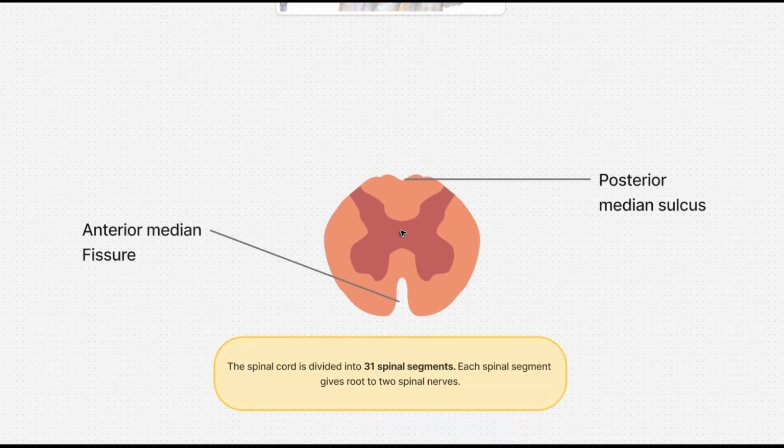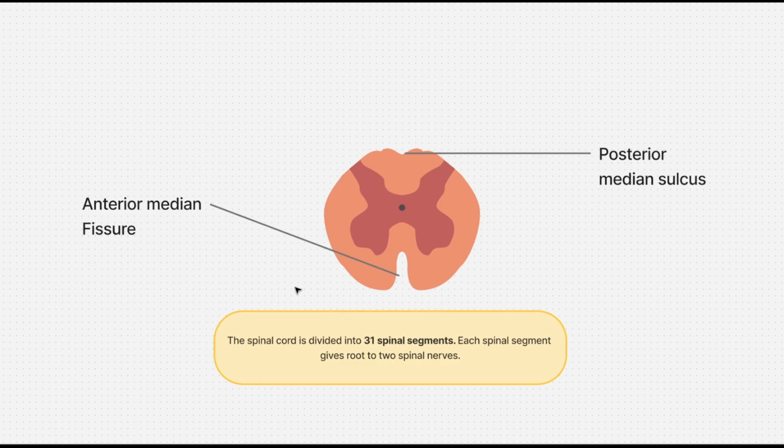So the spinal cord is divided into 31 spinal segments, and each spinal segment gives rise to two spinal nerves. So in a transverse section of a spinal segment, you would see a spinal nerve from this side and a spinal nerve from this side.